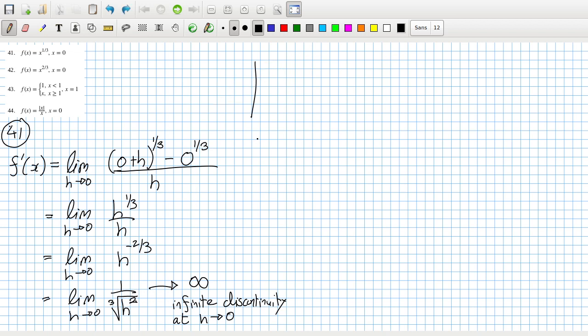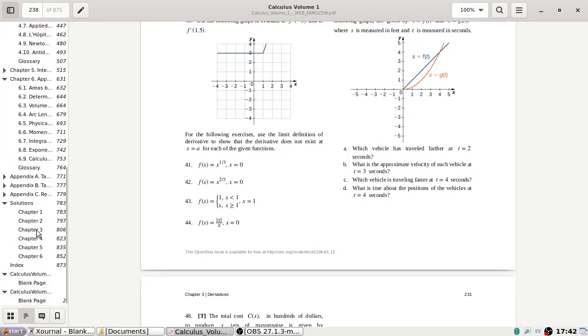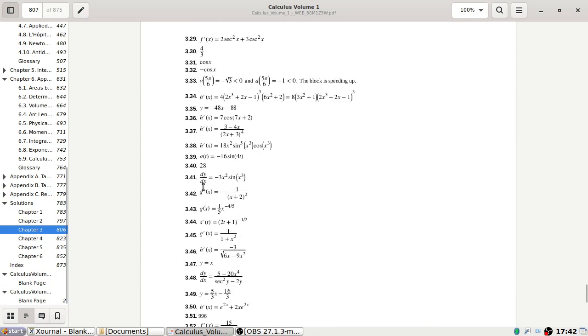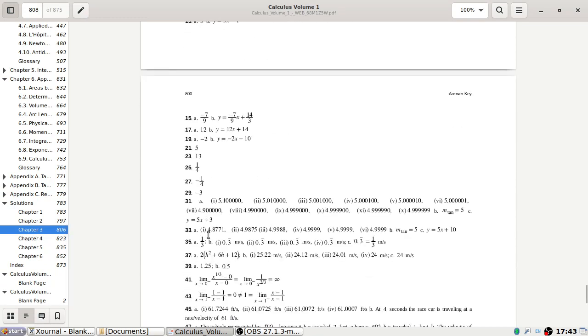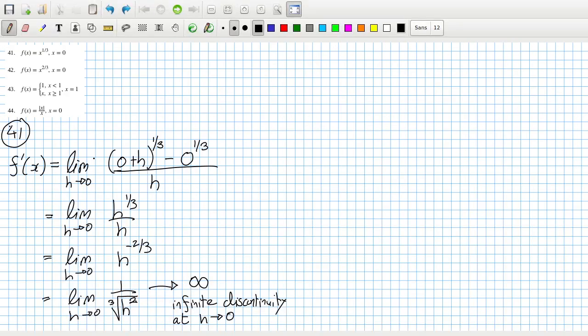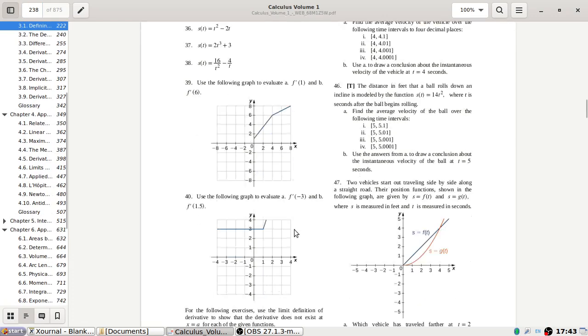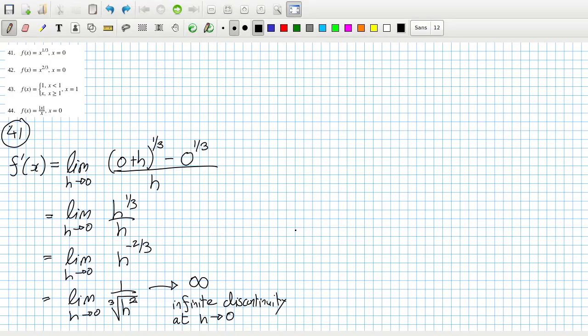That must be what's going on here. I suspect the answer at the back says something like that. Let's see what it says for 41. Yeah, infinite. Okay, so I think we're doing this the right way then. All right, next one now, 42.